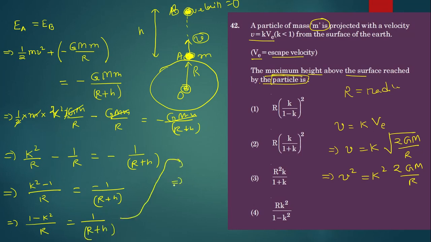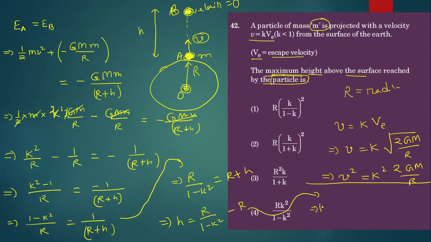Then let me take the cross product. So this will be equal to R by 1 minus k square equal to R plus H. Thereby the H will be equal to R times 1 minus k square minus R. I will calculate here.